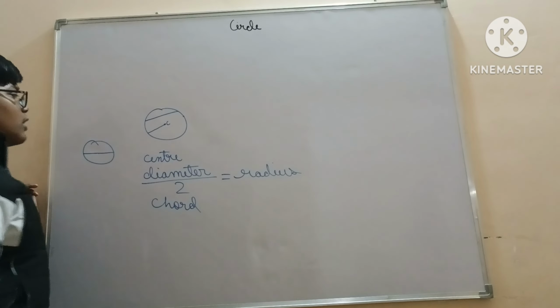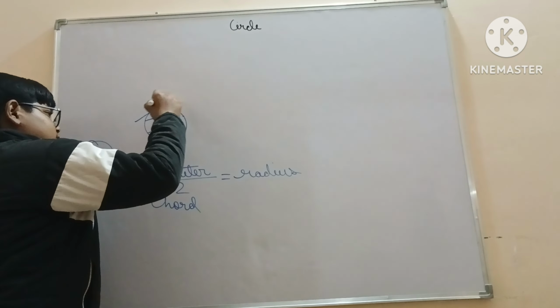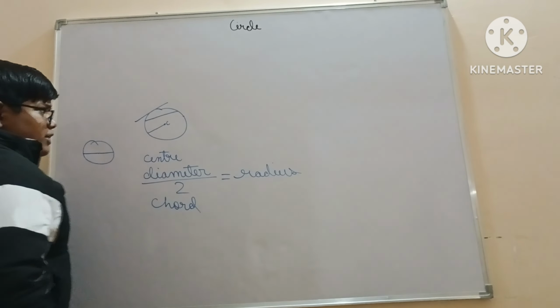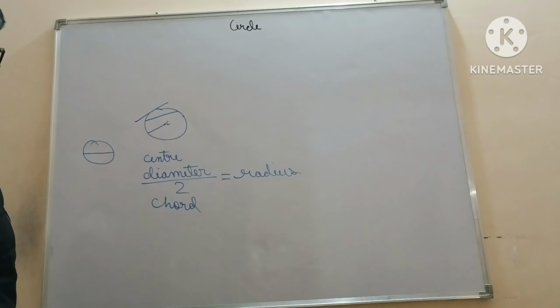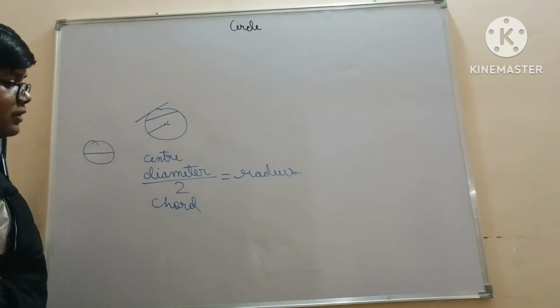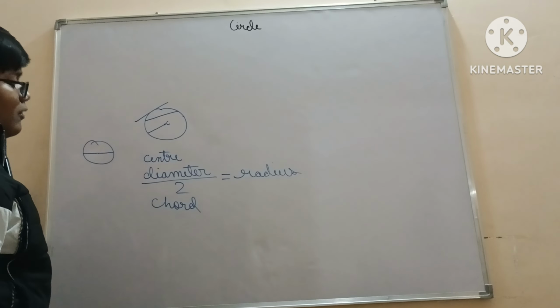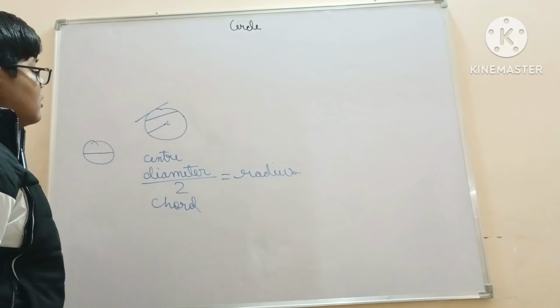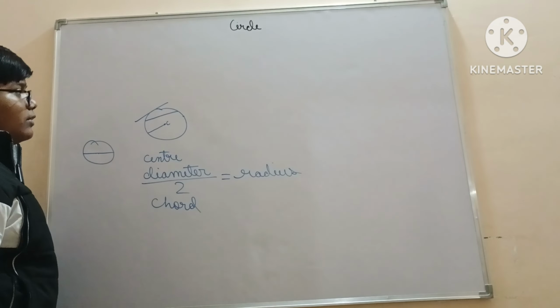Now, the third is the tangent. A tangent is a line which touches the circle from the outer boundary of the circle.